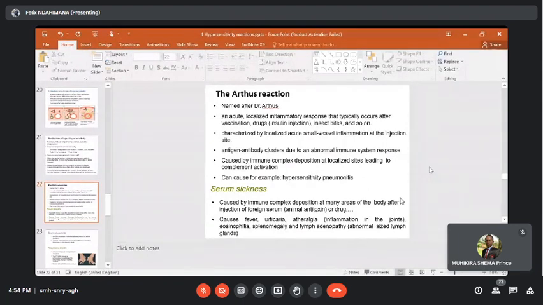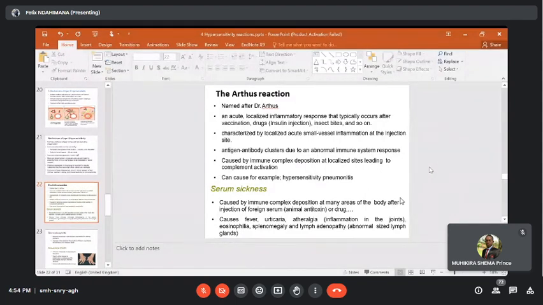So this might cause an immune complex to deposit at a localized site, like in the respiratory system, and if it deposits there, it will cause hypersensitivity pneumonitis. And of course, there is complement activation.